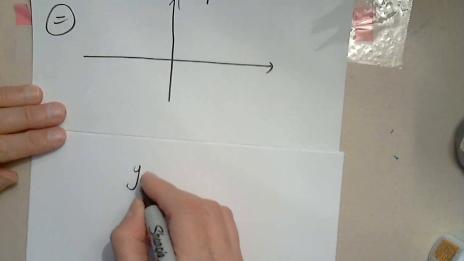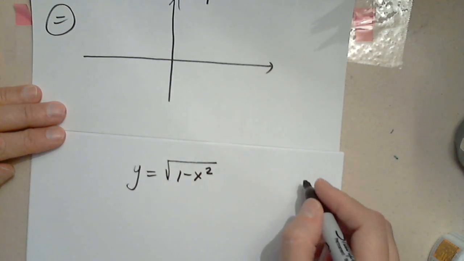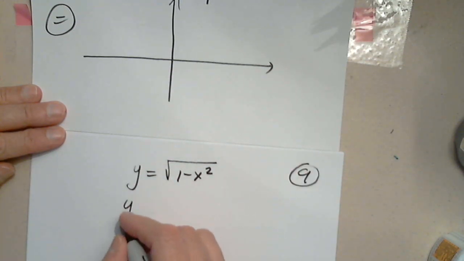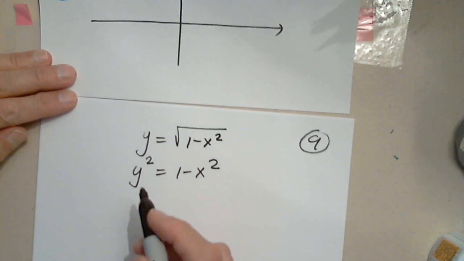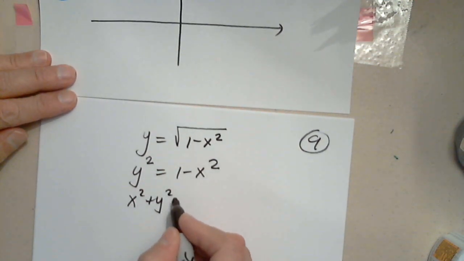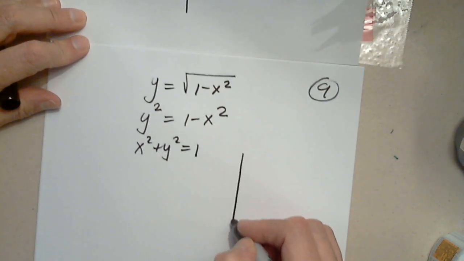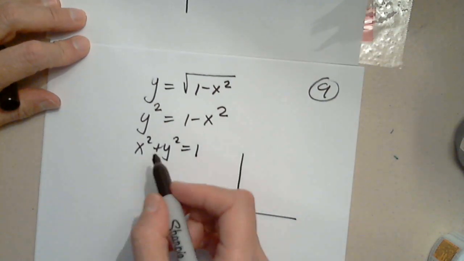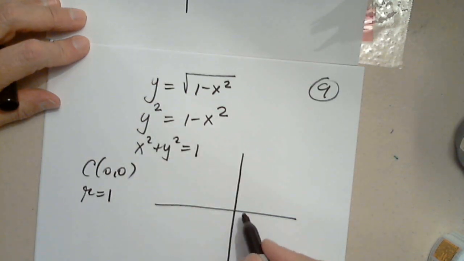Let's say y equals the square root of 1 minus x squared. When we square both sides, we get y squared equals 1 minus x squared. When we add x squared, you get x squared plus y squared equals 1. And this is a circle with center at the origin with a radius of 1. So this will look like this.